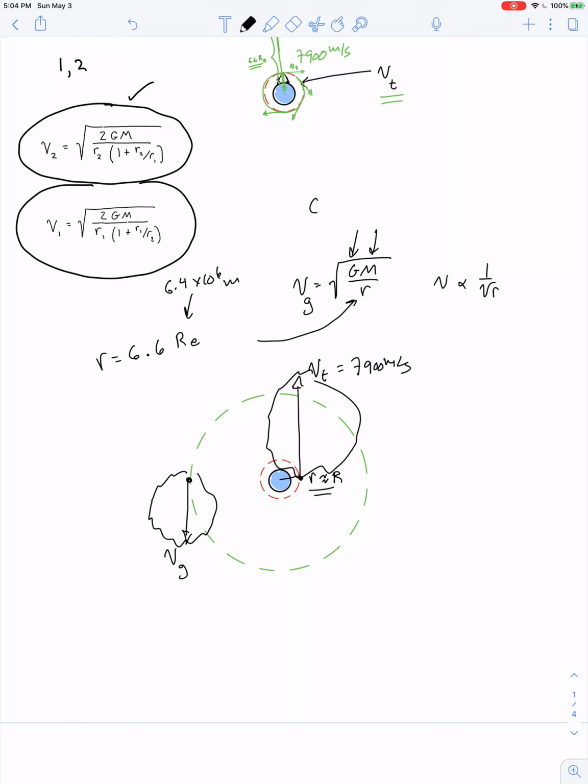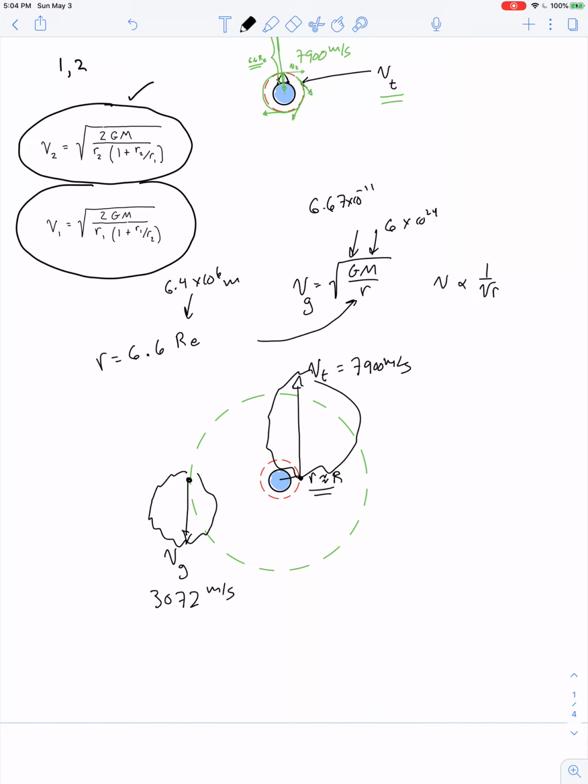G is 6.67 times 10 to the negative 11th. The mass of the Earth is 6 times 10 to the 24th kilograms. If you plug everything in, I'll give you a moment. You should find the speed for a geostationary satellite is about 3,072 meters per second.